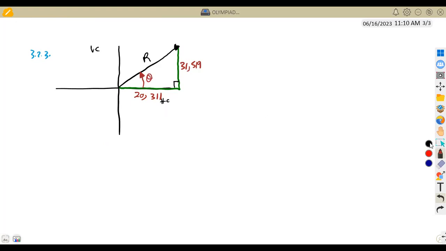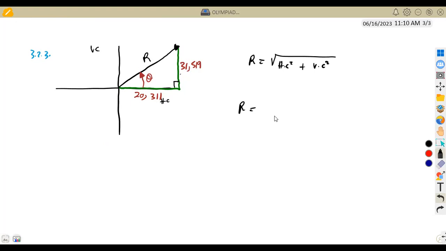From our Pythagoras theorem, we can calculate the resultant. Since we are given two sides, it's a right angle triangle. So from our Pythagoras theorem, our resultant is going to be the square root of the horizontal component squared plus the vertical component squared.